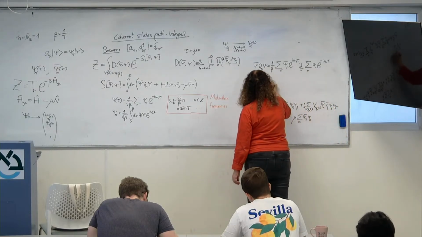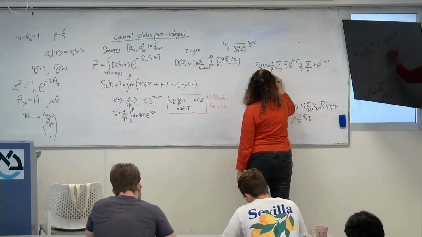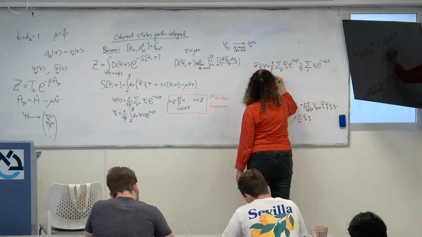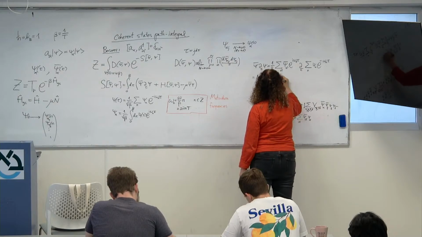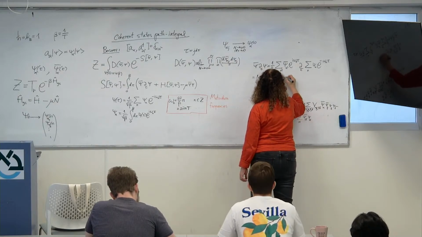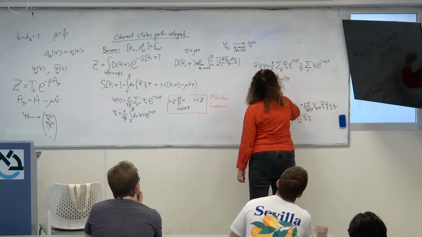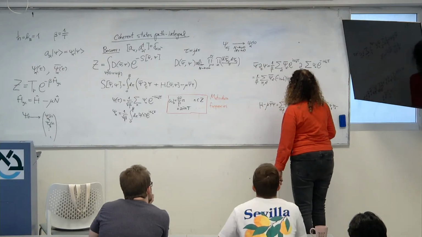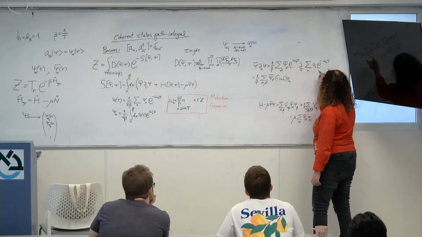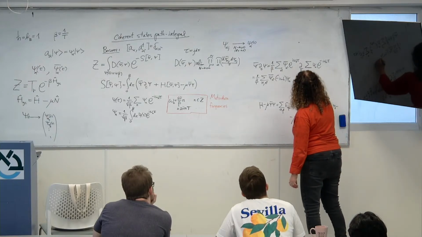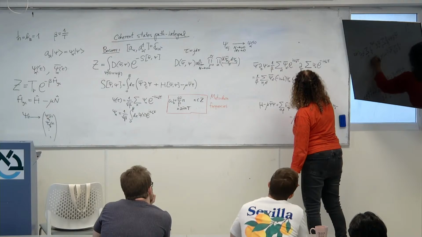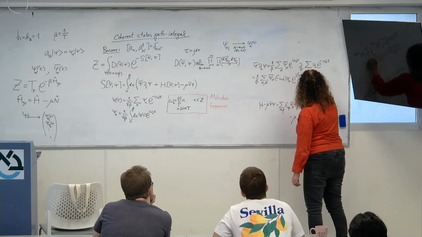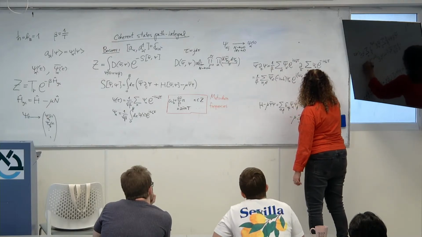The sum over n prime, psi bar n prime, minus i omega n, sorry, this is with a bar, psi n. This is after I took the derivative, and then what I'm left with is e to the i omega n prime minus omega n tau, right?